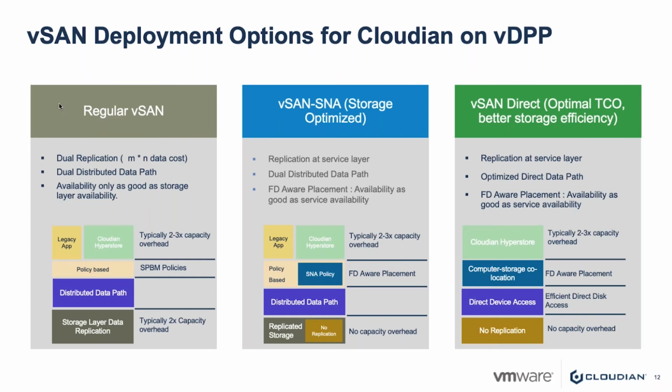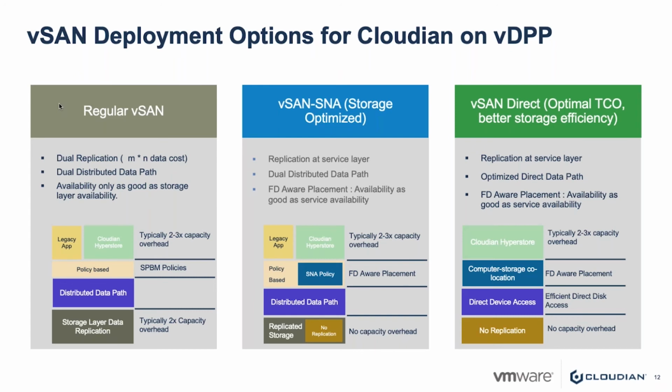So here you turn on the availability at the Cloudian layer, and you save that storage cost. But in addition, you also get that performance and cost benefit that the vSAN Direct technology offers. So we believe that this is going to be extremely compelling for our customers.